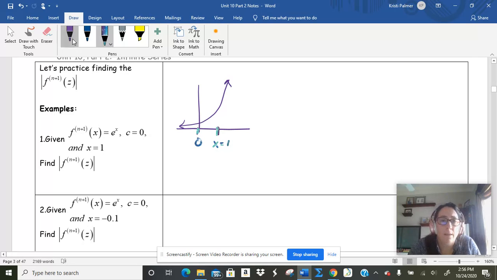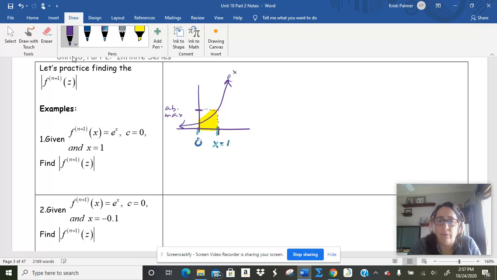So the only place that I am looking for the absolute max is between where we are centered and what we are plugging in for the x value. All of this is already positive, so the absolute max would occur right here. And so that happens when x is 1.